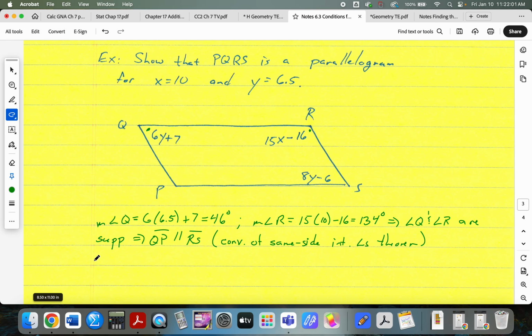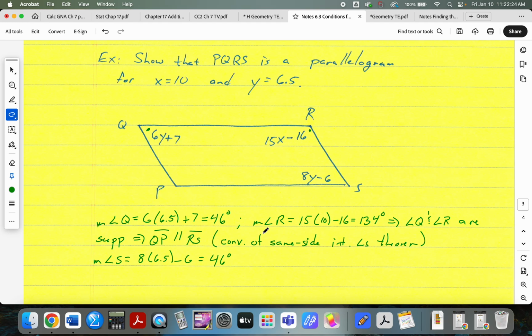And then let's find the measure of angle S. That'll be 8 times 6.5 minus 6. 48 plus 4 is 52, minus 6 is 46 degrees. So we know two things at this point.